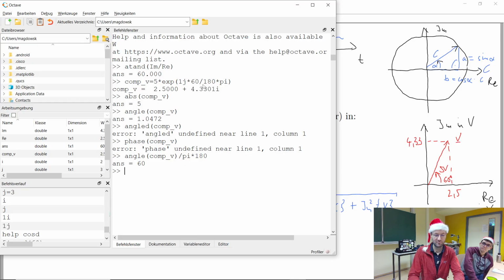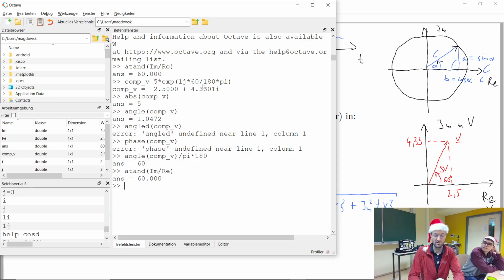And the arcus tangens function that we used before, of course also works in this case, but the arcus tangens function has a problem if we would have a complex number that has a negative real part.